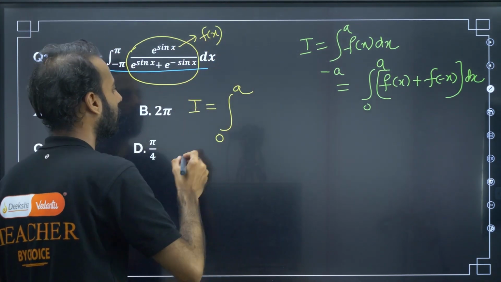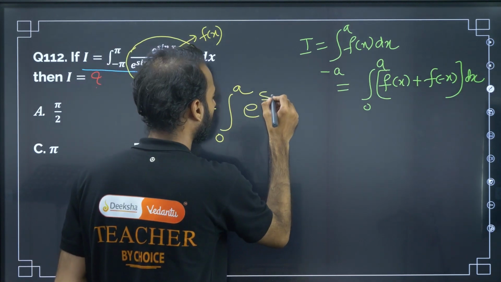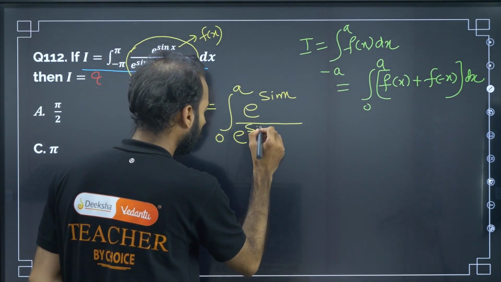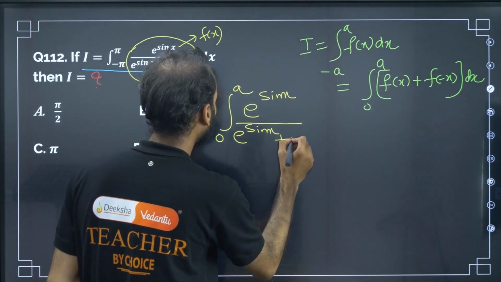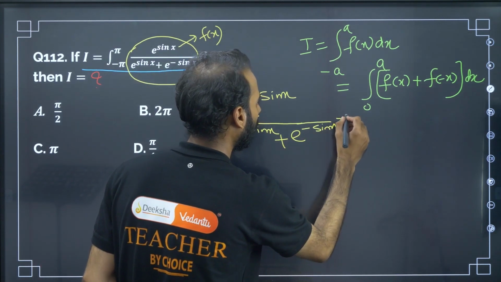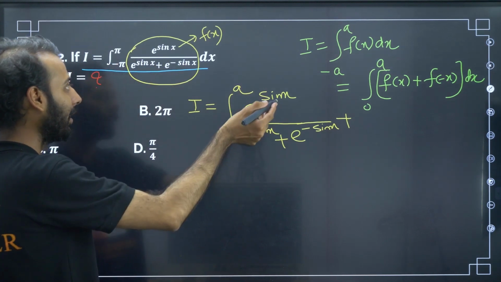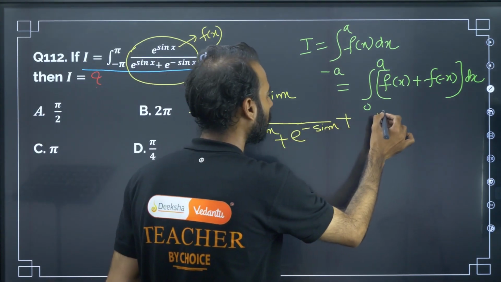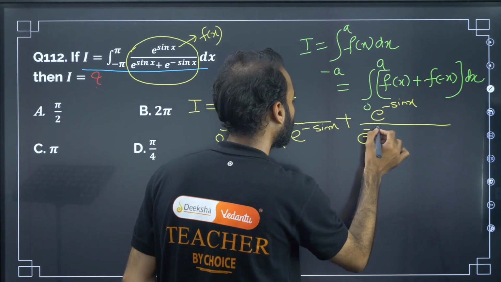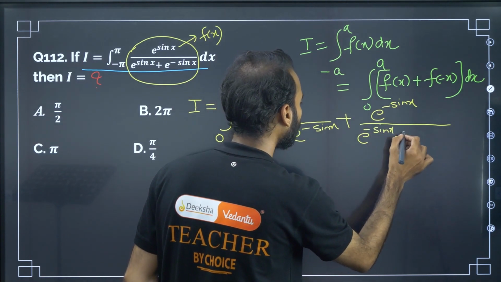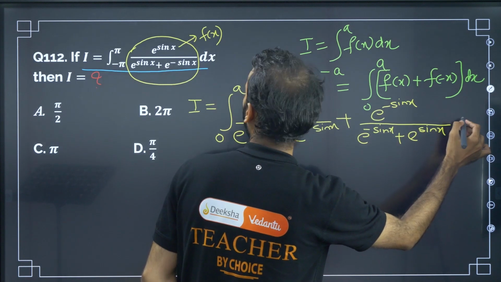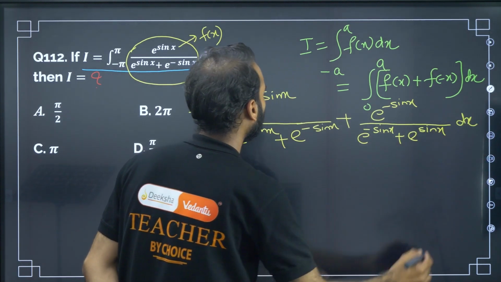So f of x I will write as it is, e raised to sin x by e raised to sin x plus e raised to minus sin x, plus, now I will place minus x in this, so this becomes e raised to minus sin x by e raised to minus sin x plus e raised to sin x, and then dx as it is.